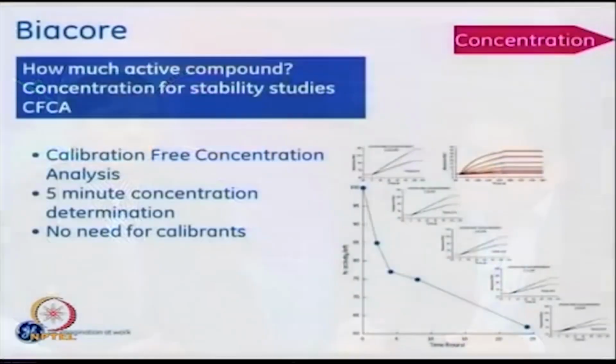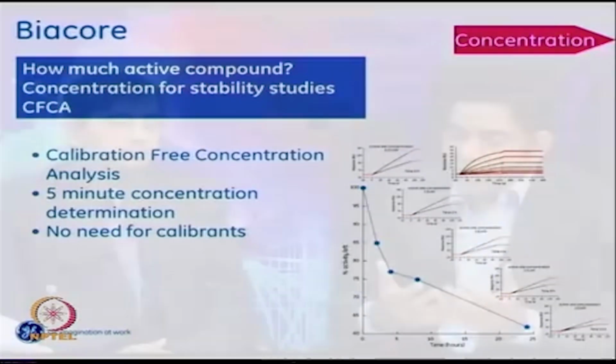Once you know the affinity and concentration, and I always think that concentration is very less studied but very important, because if you look at concentration analysis across the world for proteins, there is no way that someone can measure active protein concentration without having calibrants in their hands. Whenever you give a student a protein and say, please measure the concentration, the first thing he will ask you for is calibrants.